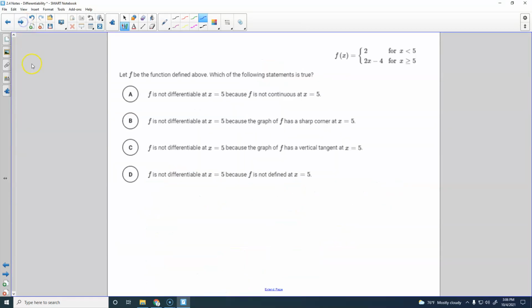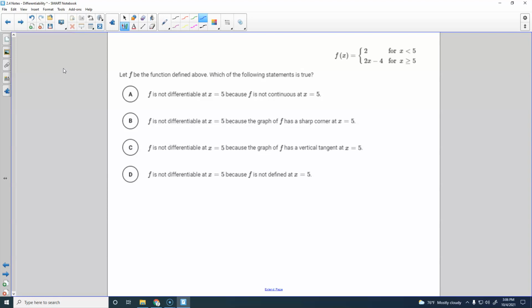Okay, let's look at this really quickly. Let f be the function defined above. Which of the following statements is true? We need to know if it's differentiable or not. In fact, all of these say it's not differentiable, so I'm going to guess it's not differentiable.